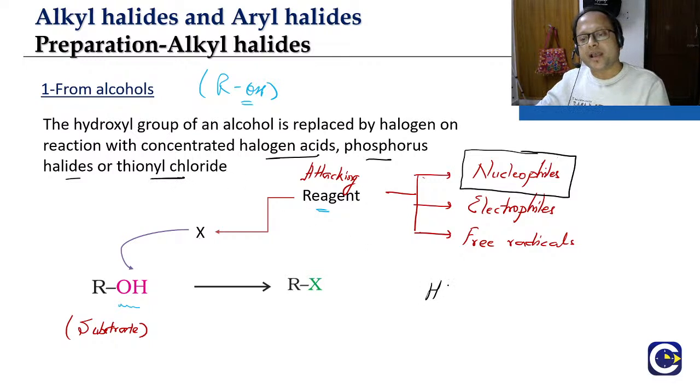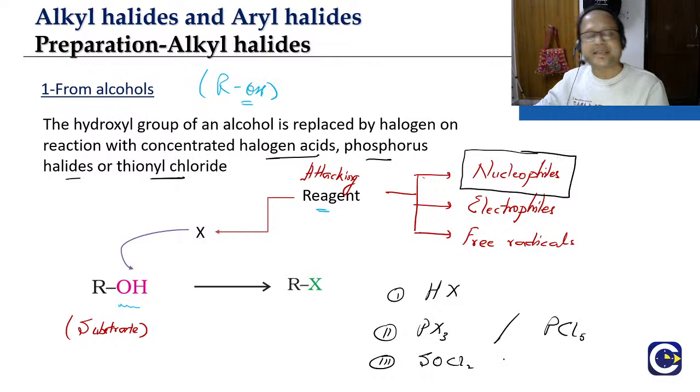So HX, then PX3 and PCl5, and third is your very important agent thionyl chloride, that is SOCl2, right?